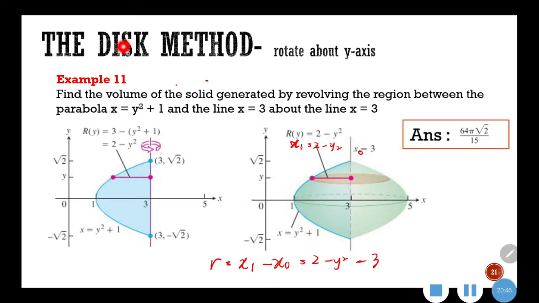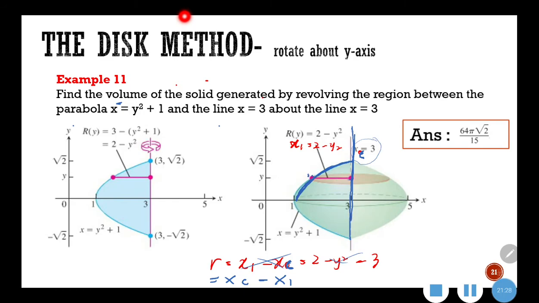Because you see the center now is to the right of the curve, x1. So we cannot always do x1 minus x0 or xc, the center. I think using c is actually better. x1 minus xc is only right when the center is to the left of the curve. Here the center is to the right of the curve. So this is wrong. What is correct is xc minus x1, because the center is to the right of your curve.